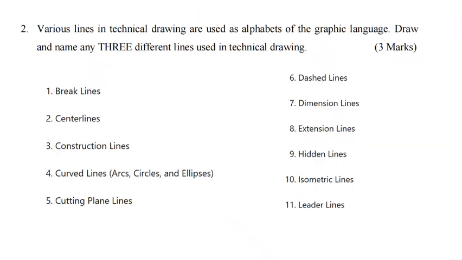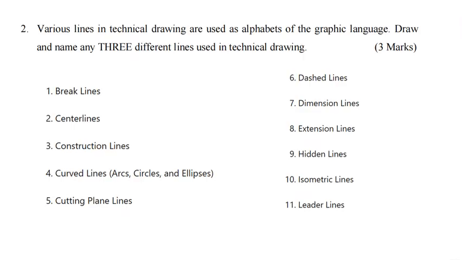So the second question reads: various lines in technical drawing are used as alphabets of the graphic language. Draw and name any 3 different lines used in the technical drawing.